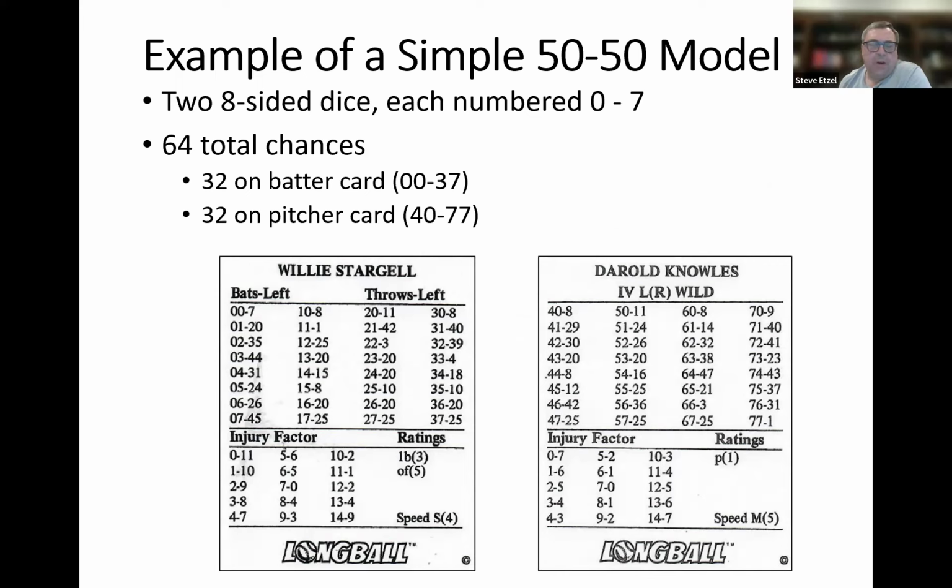And Long Ball was almost entirely a pure 50-50 game, but there was a little bit of interaction between the pitcher and the batter card. But that's the topic for another day. I will say this, if I didn't say it already, anything I'm going to talk about tonight, there is at least one video on my channel on the topic, including Long Ball.